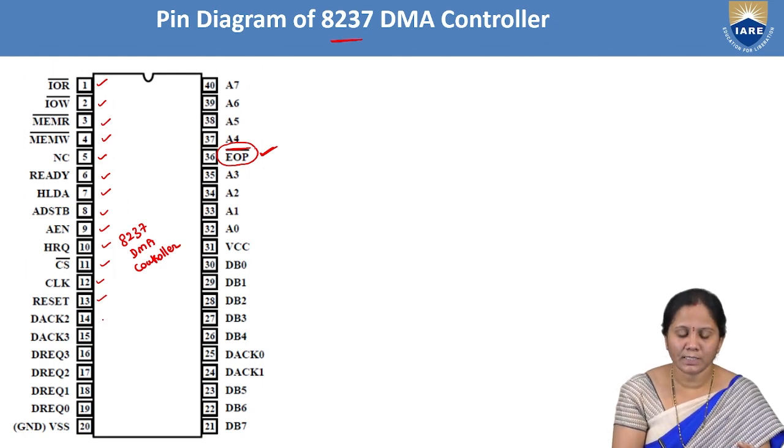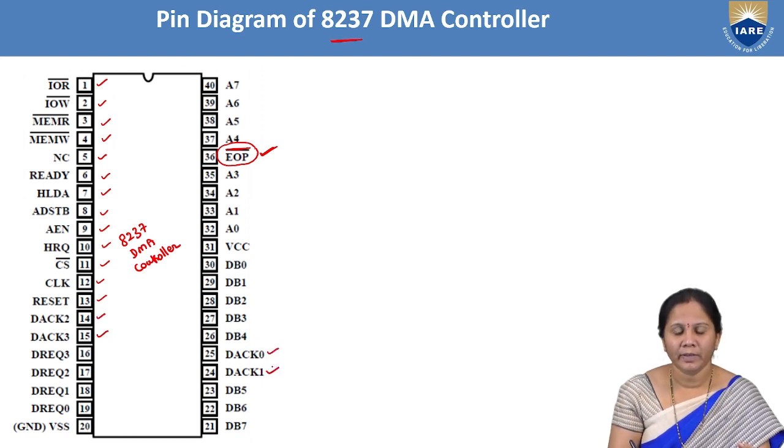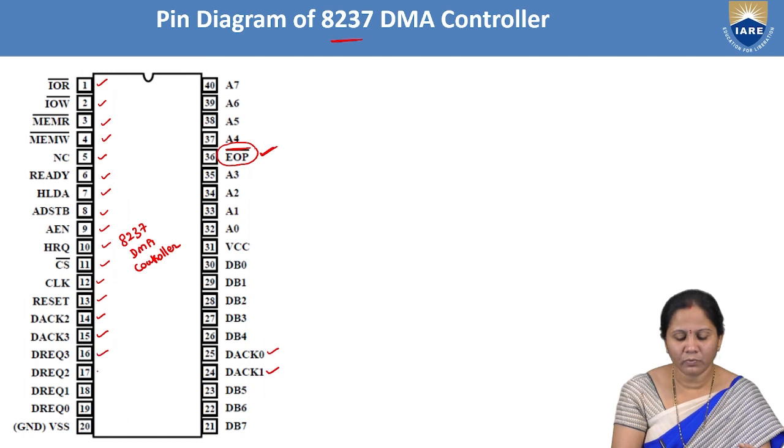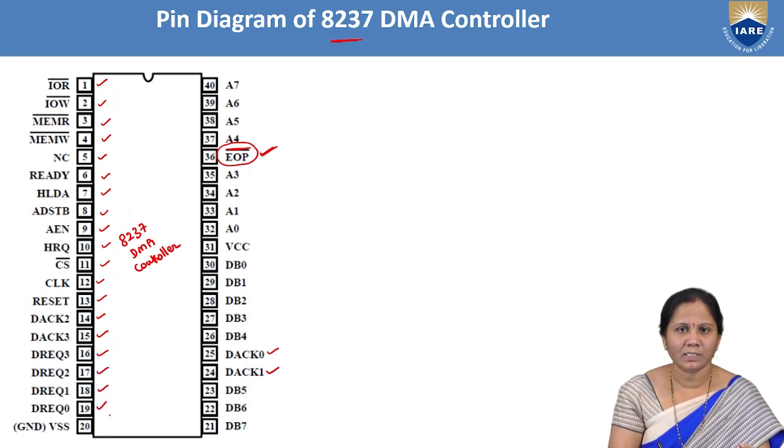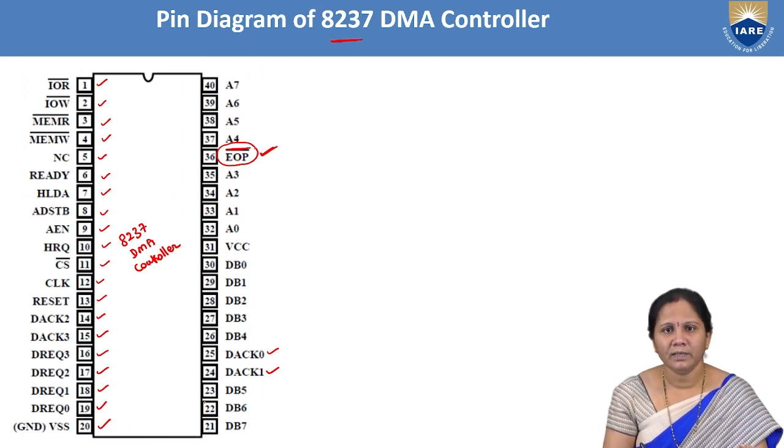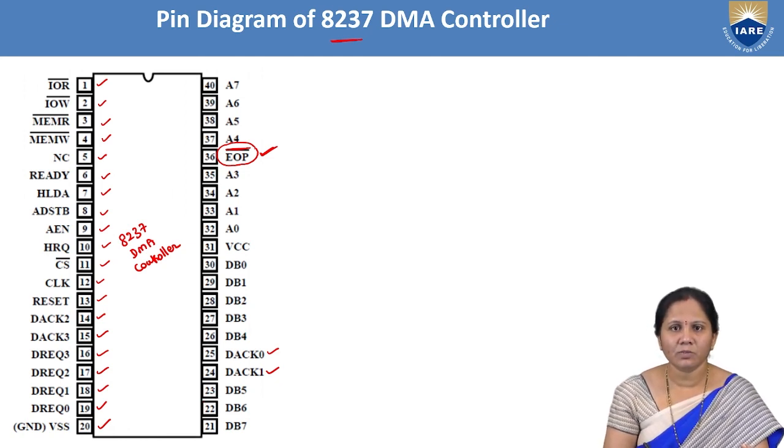Since here 4 channels are there, we have 4 DMA acknowledgement signals, and for each one we have 4 DMA request lines. And along with this, we also have VSS, which represents the ground connection.